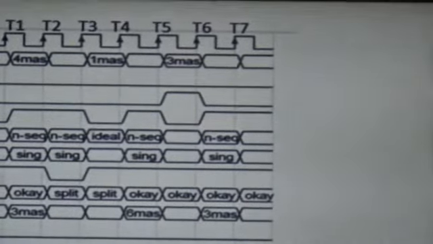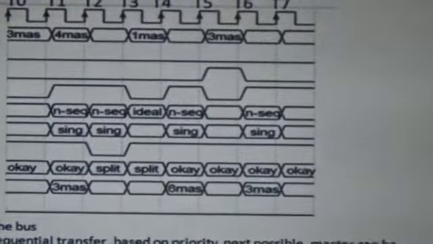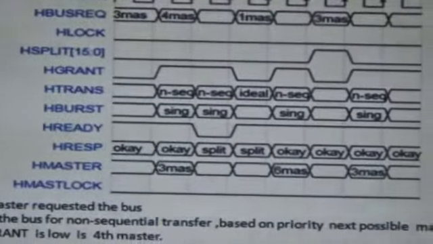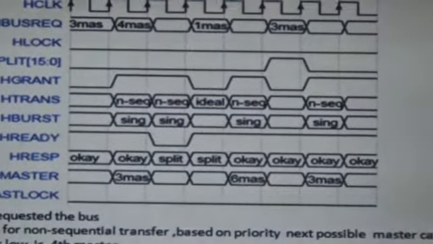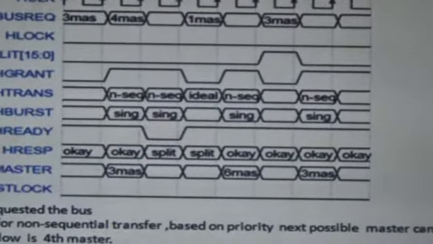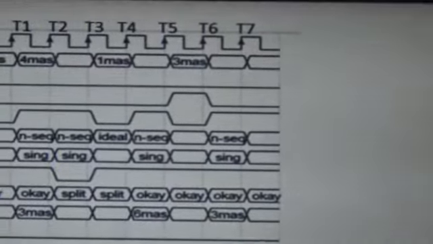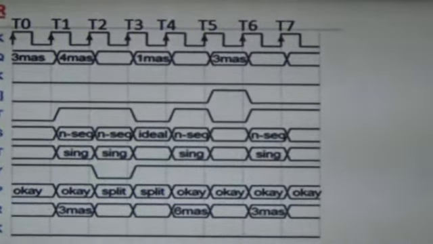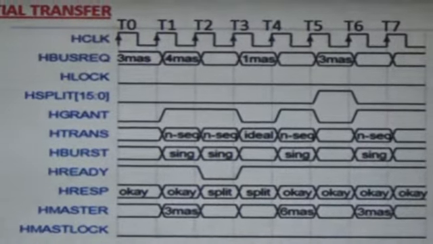If you have seen here, in the fifth clock cycle there is a signal called HSPLIT, which has been raised from the slave. When the slave response is split, it notes the tag or number of the transfer for which the slave response is split. Whenever the slave is ready and free to access, it raises the HSPLIT signal.